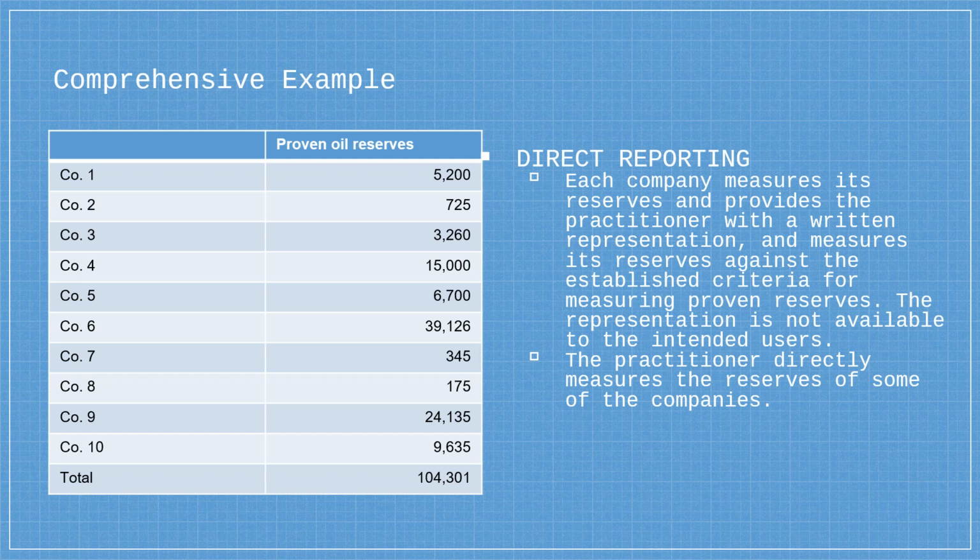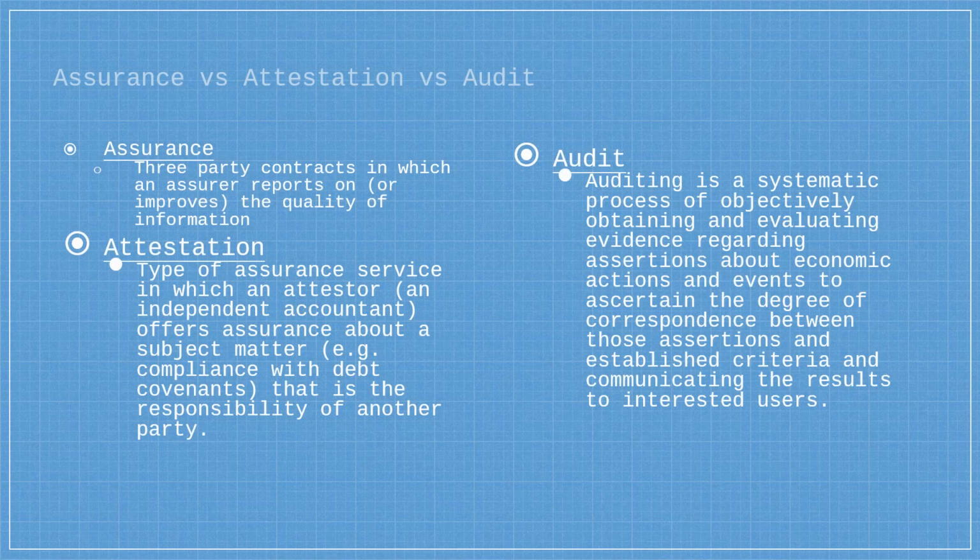Another possible scenario would be that the practitioner directly measures the reserves of some of these companies. And because it's the practitioner who directly measures the reserves, then most definitely you would need the practitioner for the subject matter information to be communicated to the intended users.